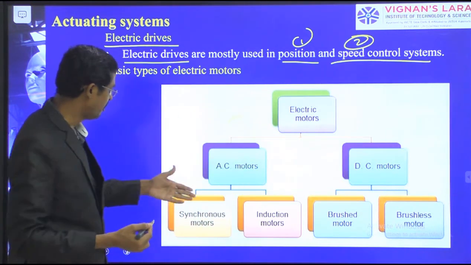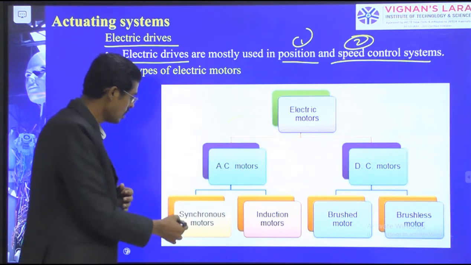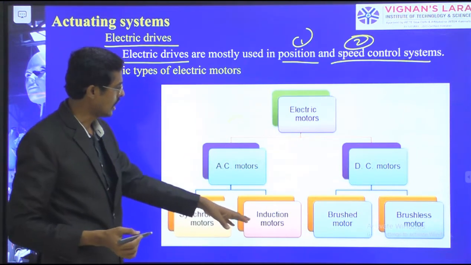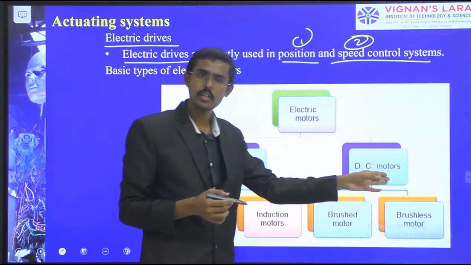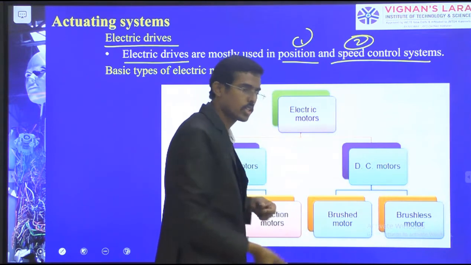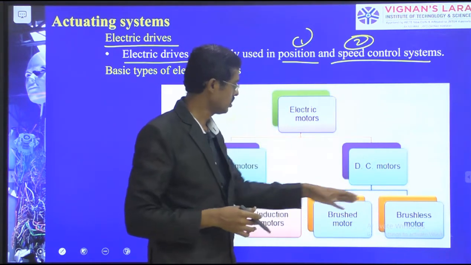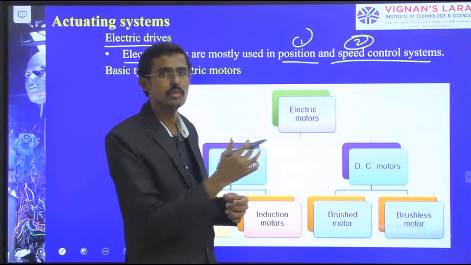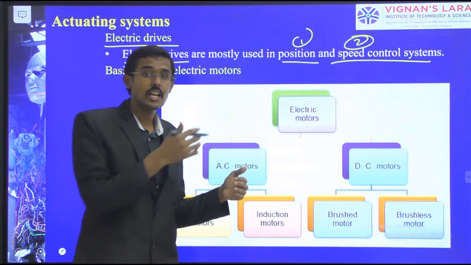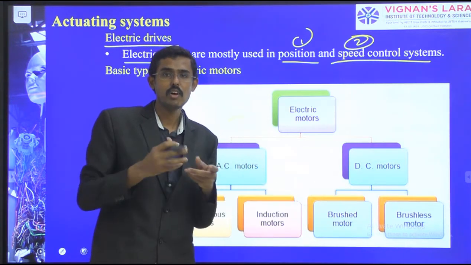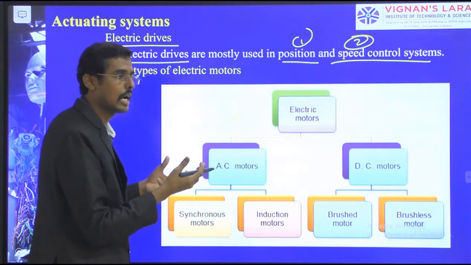Further, I am classifying the AC motors into 2 categories, synchronous motors and induction motors. Apart from the AC, the DC motors have brushed motors and brushless motor systems. We need to know this basic principle of functioning of motors, which is related to the mechatronic system for spindle actions, rotating, or torque generation.